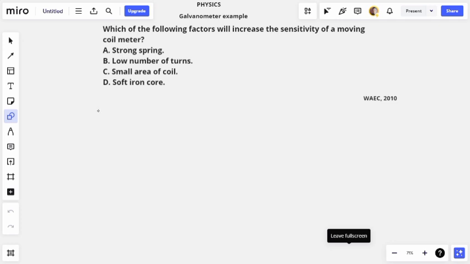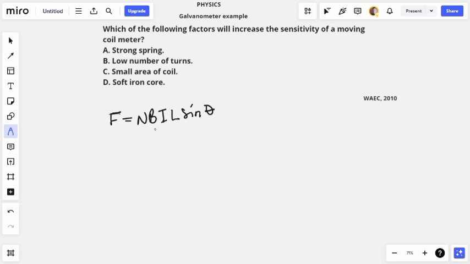Now for the sensitivity, or we say the force exerted on the spring, it equals the number of turns times the strength of the magnetic field, times the current through the conductor, the length of the conductor, and the sine of the angle.